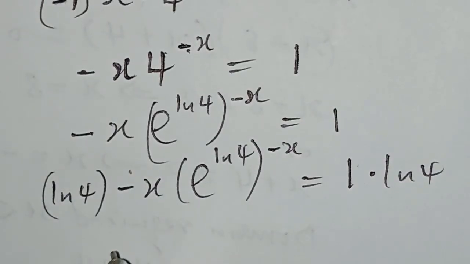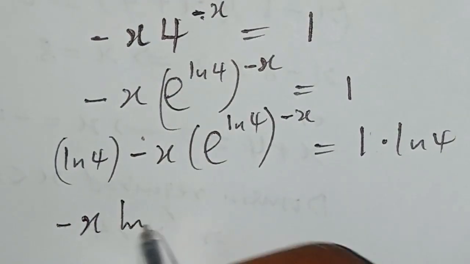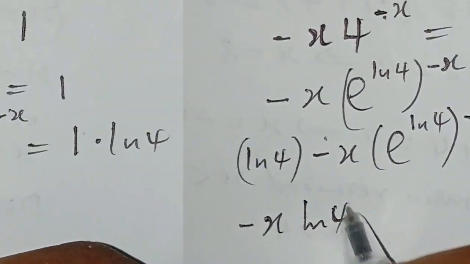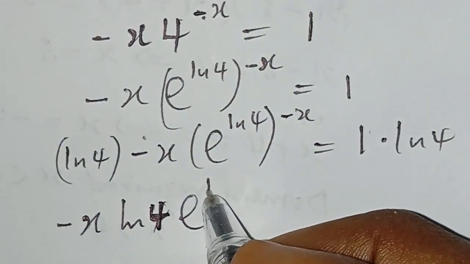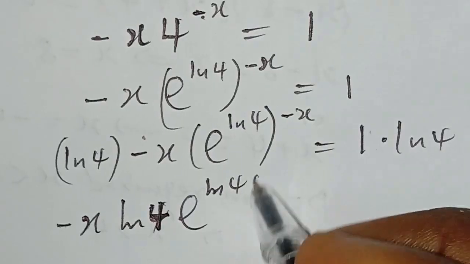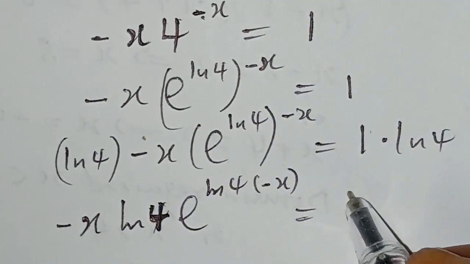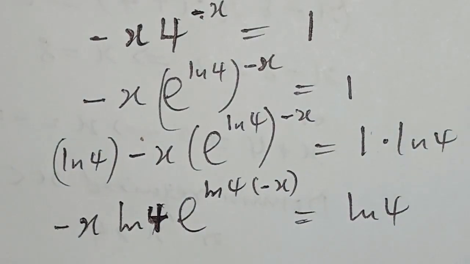Then we have that to become minus x ln of 4 e to the power of ln of 4 and minus x equal to ln of 4.